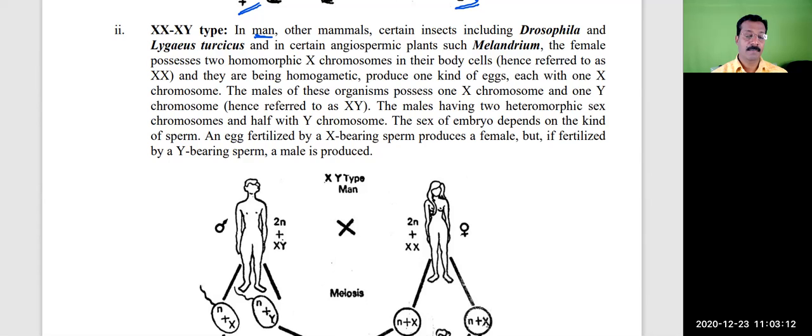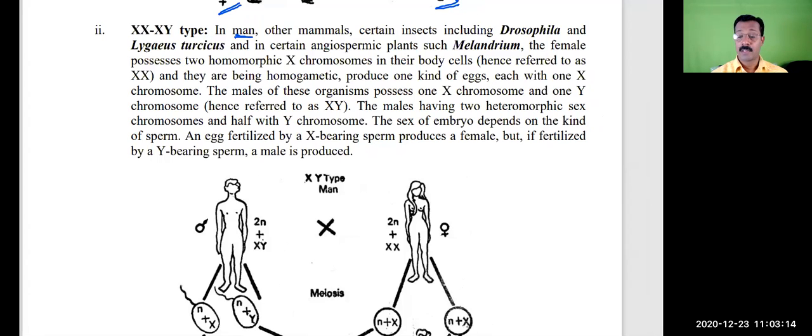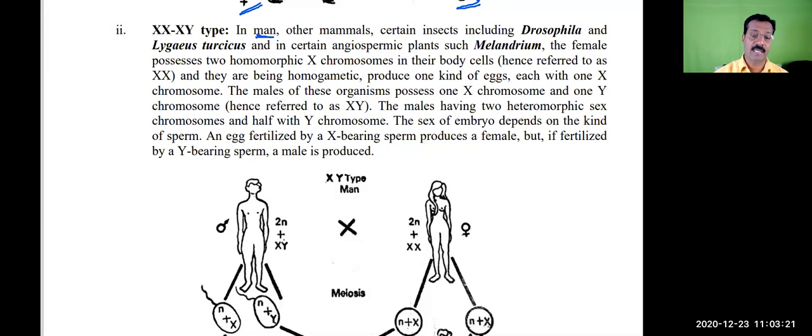In this case, the female as usual has both sex chromosomes X and X, and the male will have X and Y chromosomes.